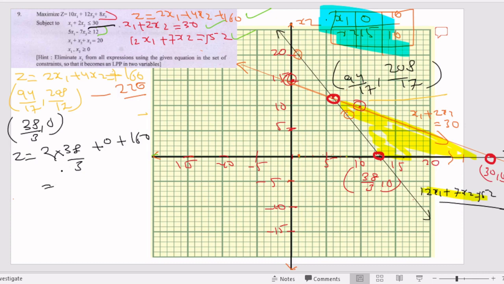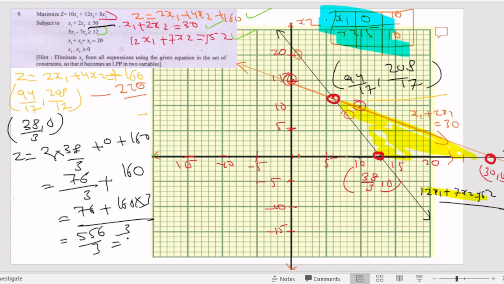So 38 into 2 is 76 divided by 3, plus 160. Take 3 as the LCM, so 76 plus 160 into 3, divided by 3. After adding, it will be 556 divided by 3, which is approximately 185 point something. So at this point, we have 185 point something.